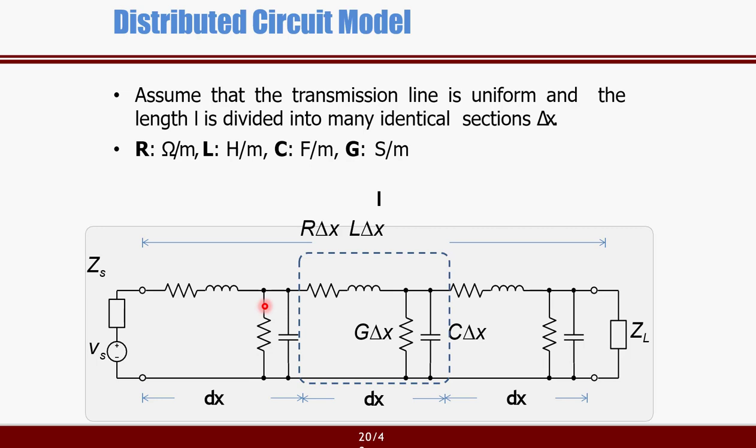They are measured per unit length. R into delta X means the transmission line resistance, and L into delta X means the transmission line inductance, right? These resistance and inductance are because of current I, and conductance and capacitance are because of the voltage. These are voltage parameters and these are current parameters.